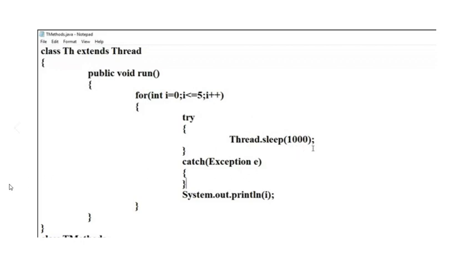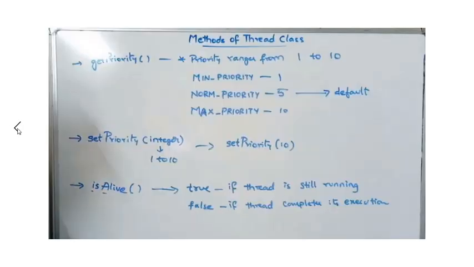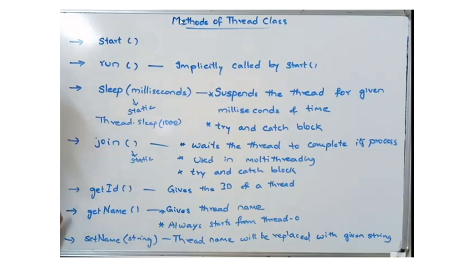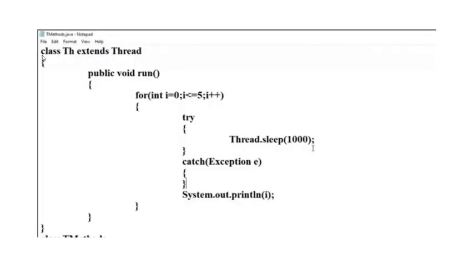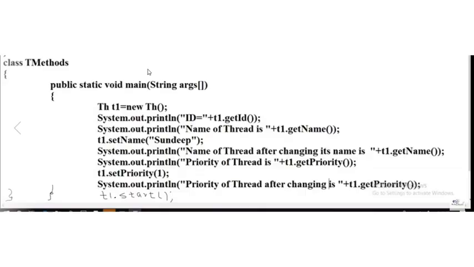So first you copy this one. Write these editing methods of the Thread class, write these functions. Next these three. After that you write this code. So end of for loop, end of run, end of th. In continuation of the same program, next you write one more class.